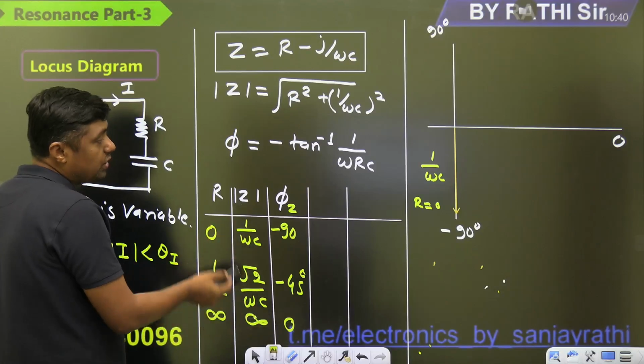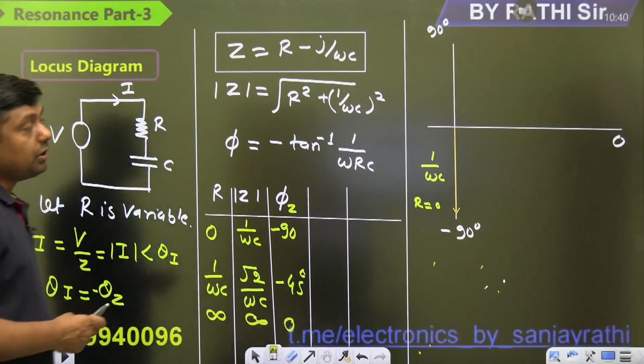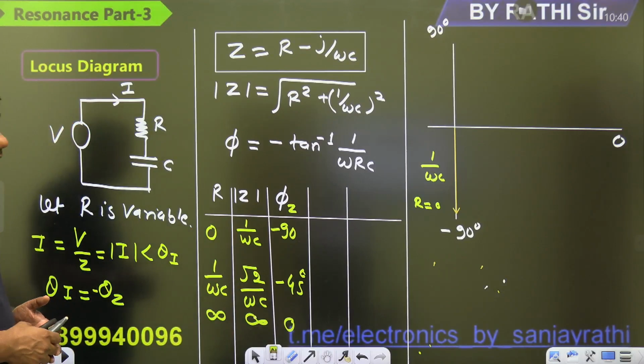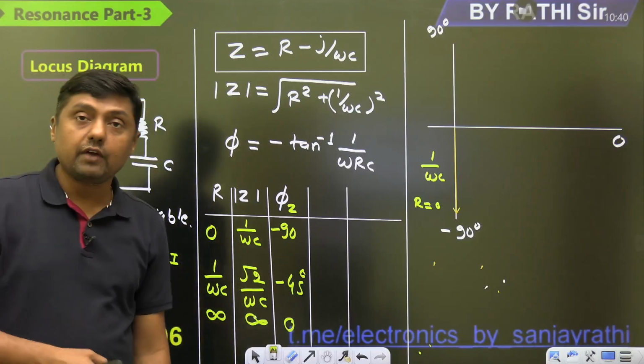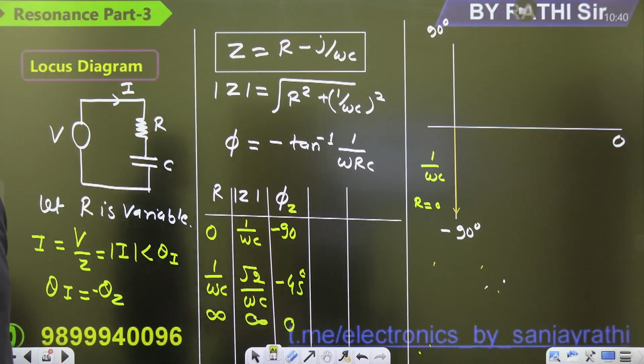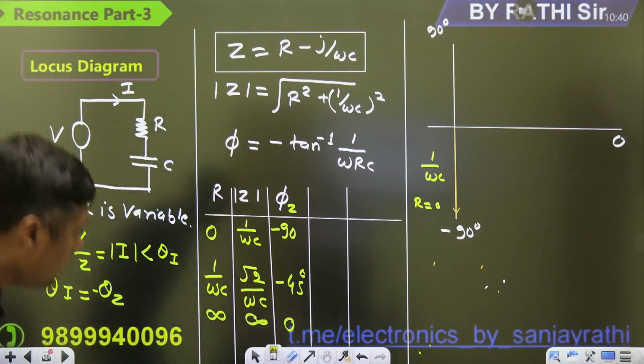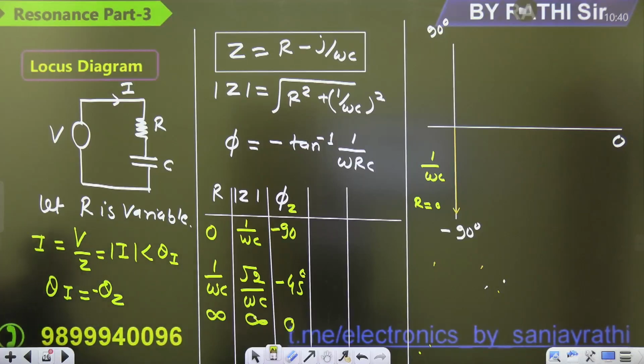It is also infinity. Now watch what happens here. The problem is that when you have to plot at infinity, this is not having a finite value. Then you can't, so in that case we have to use the concept of control system. Okay? So when the R will increase, what about the angle?